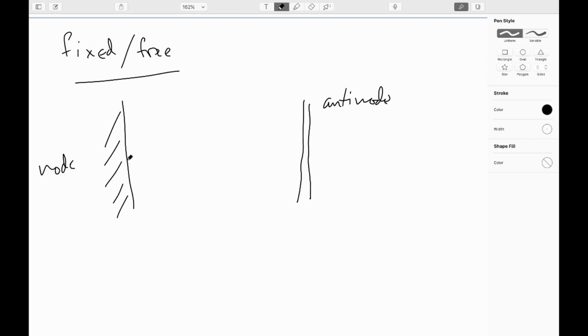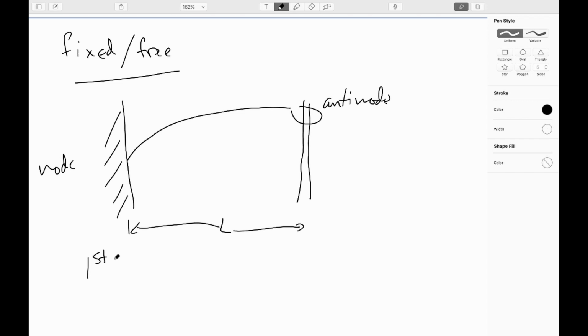So let's go think about the fundamental. Well, the longest wave I could possibly pack in, if this distance is L, would be half a loop, a quarter of a wave. Just because if you look at the wave, it goes node, antinode, node, antinode, node. So this would be a quarter of a wave.